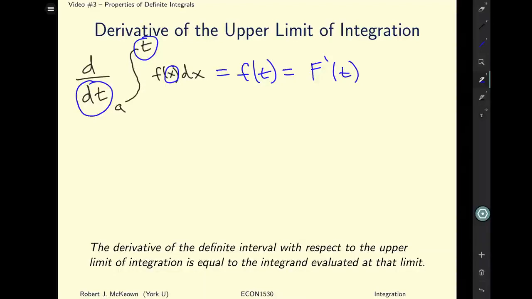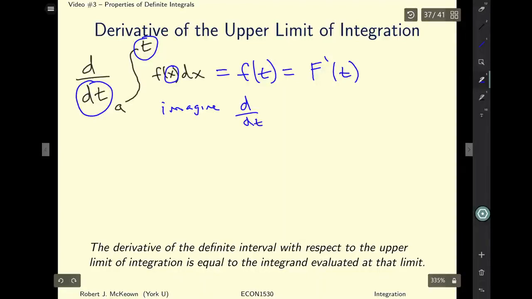And so you can imagine d dt with a t up there and a constant down at the bottom as stretching the graph.